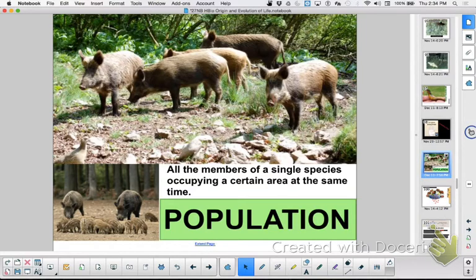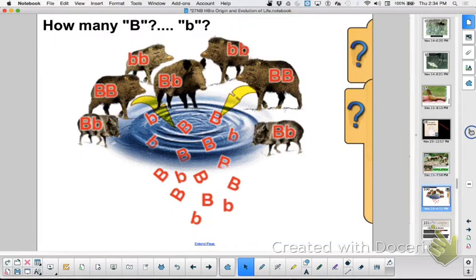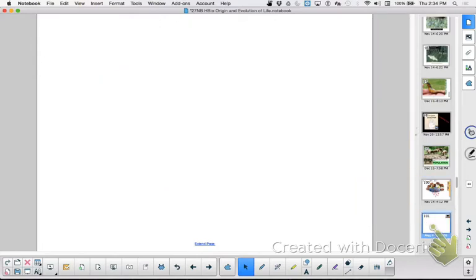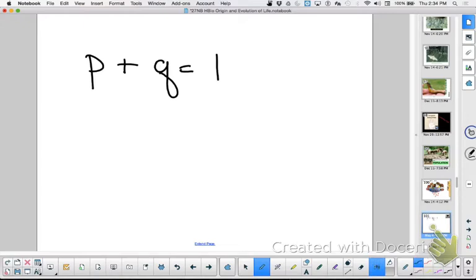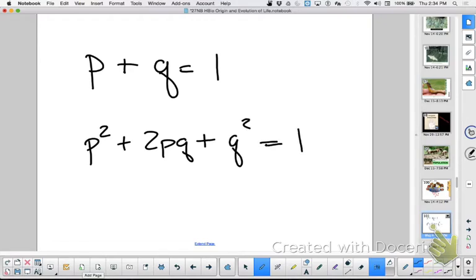You might know the allele frequencies in this particular population, but generally speaking, you don't. So you have 2 equations that you can work with: P plus Q equals 1, and P squared plus 2PQ plus Q squared equals 1.